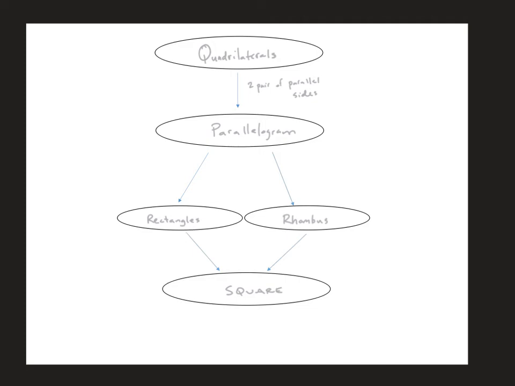Some rectangles are squares, but not all rectangles are squares. So I could say all rectangles are parallelograms. All rectangles are quadrilaterals. All rhombus are parallelograms. All rhombus are quadrilaterals. So you could work your way up, you cannot work your way down.